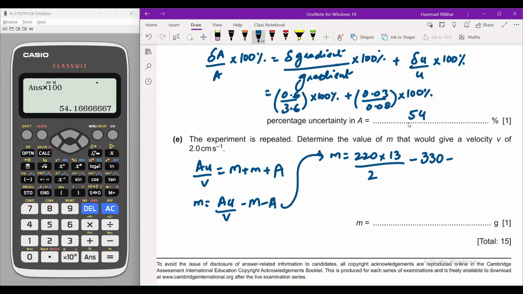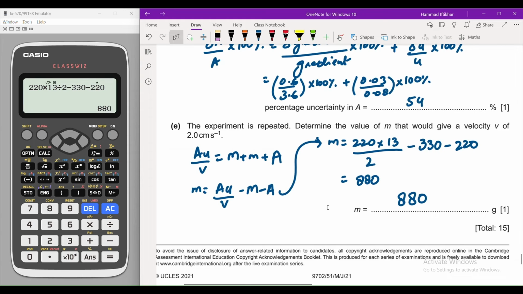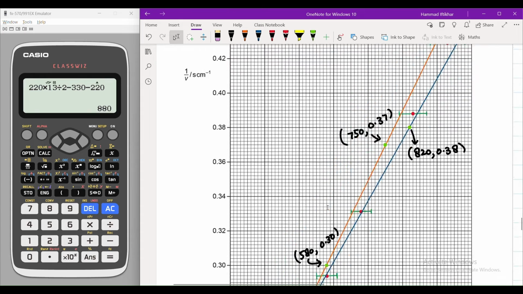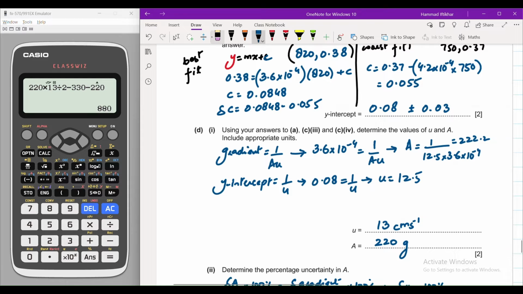And A, again, we calculated it out to be 220. So now 220 times 13 divided by 2 minus 330 minus 220. So we get 880 grams. All right, and that's about it with this analysis question over here. All right, so see you in the next question.